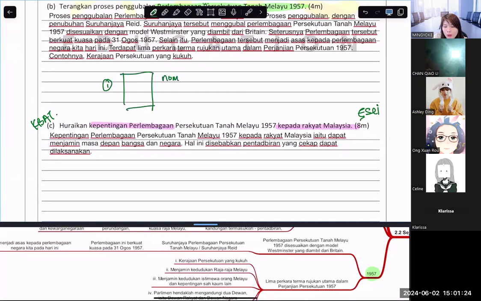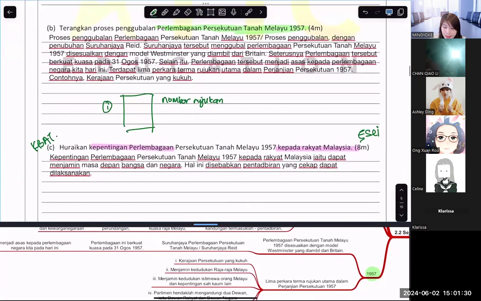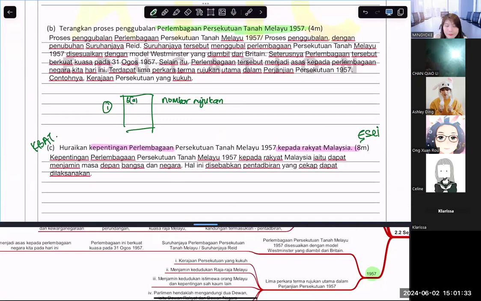You need nombor rujukan. For example, this is question 6. Okay, 6A, all right, then 6B, then 6C. For example, this one is 6C. After your nombor rujukan, then you write your draft answer. Then after that, you write kepala soalan.